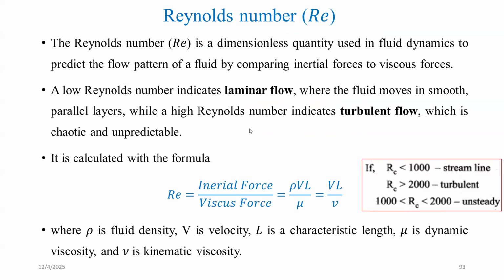Just to highlight, Reynolds number is a dimensionless quantity, inertial force divided by viscous force, formalized simply as rho V L over mu. For a round object, L is D, the diameter. V is velocity, rho is density, L is the length, and mu is the fluid viscosity.